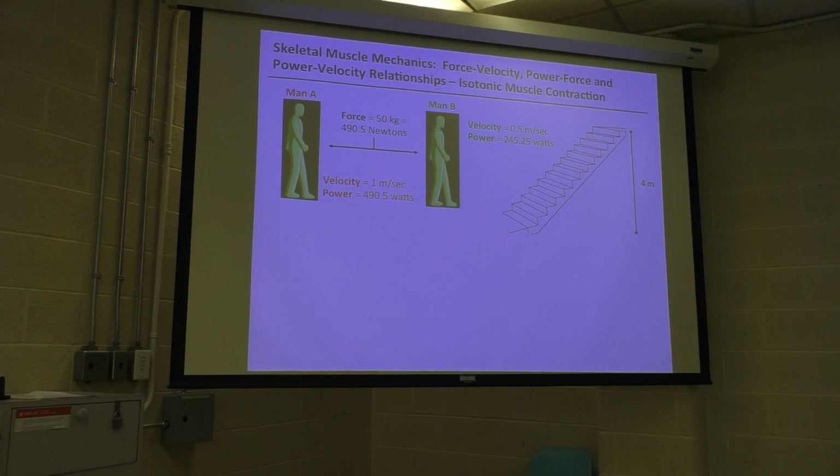How does that affect the power curve? Can someone take an educated guess how the power curve would look if you decrease the velocity for man A versus man B? How do you think the shape will change if you change one of the values of force versus velocity?